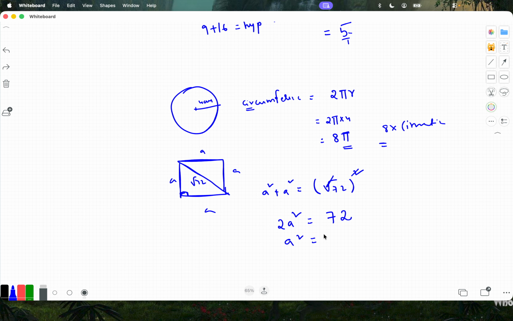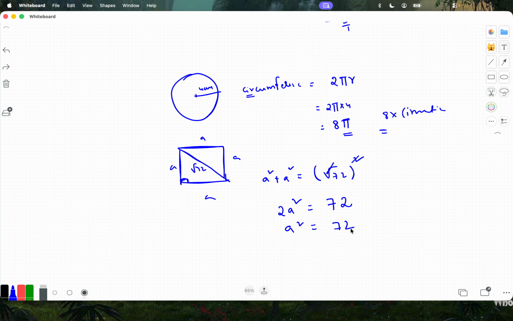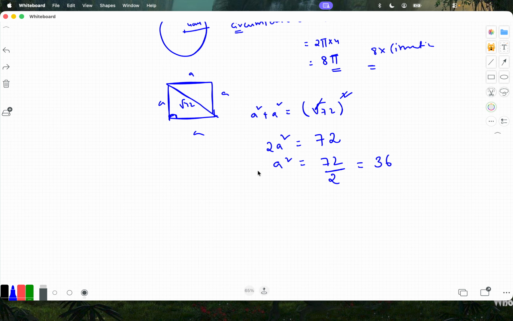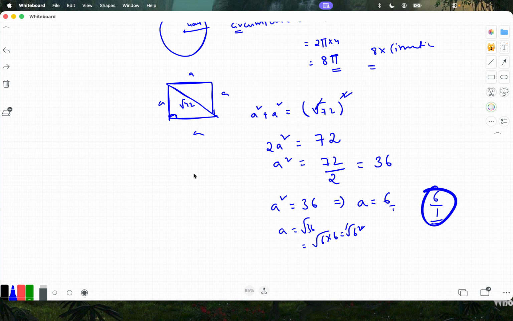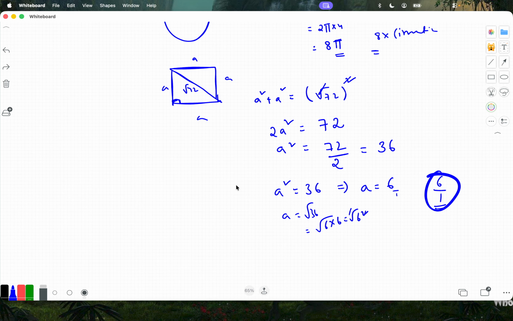So a square equals, if 2 goes to that side, 2 is multiplying here, if it goes to the right hand side, it will become divide. 72 by 2 is 36. So a square is 36, which implies a is 6, because a equals root 36, that can be written as root of 6 into 6, which is 6. So 6 can be written as 6 by 1, a by b form. So the side of this square is a rational number.